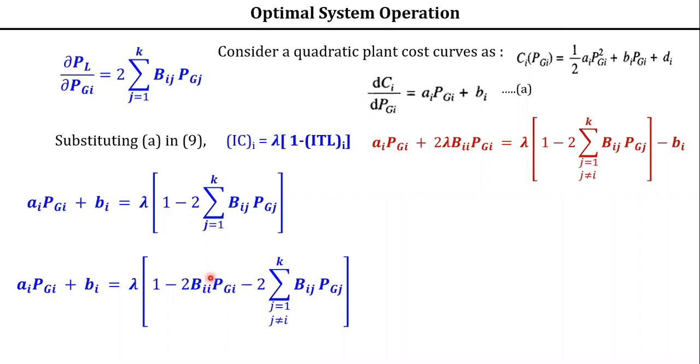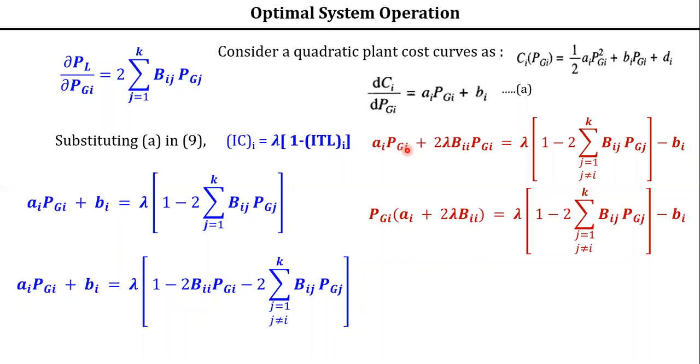So this BI I have taken to the RHS side, and this term multiplied with lambda I have taken to the LHS. Now PGI is common here, so take PGI outside. What is left is AI plus 2 lambda BII, equal to the same expression on the RHS.